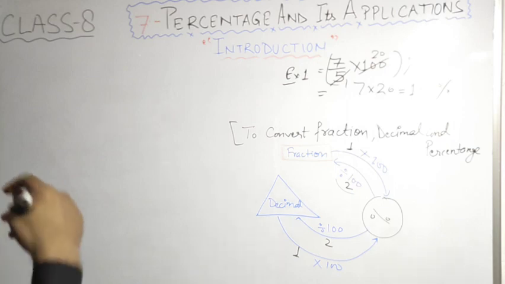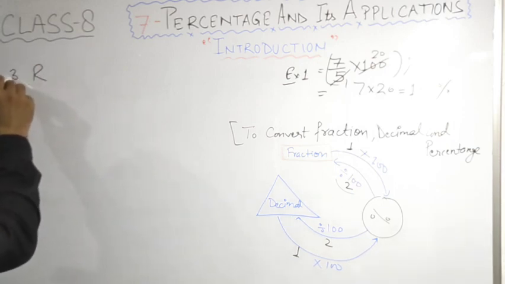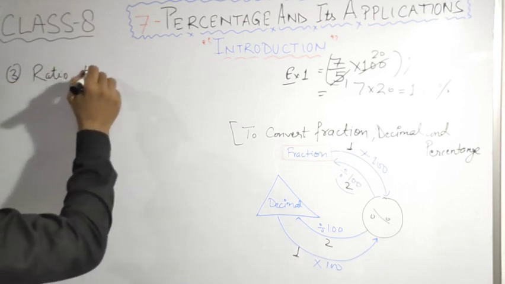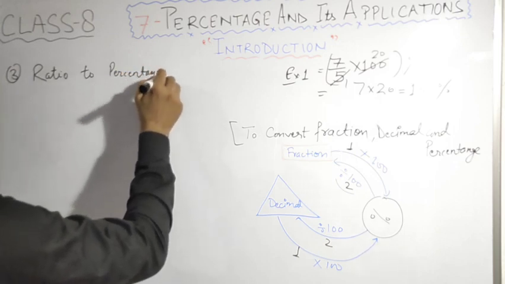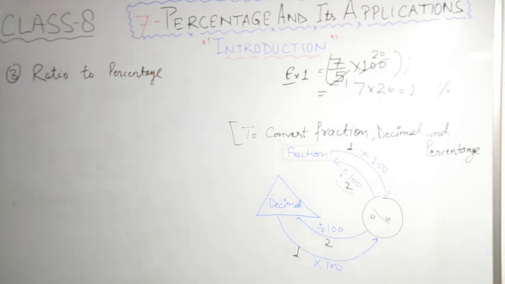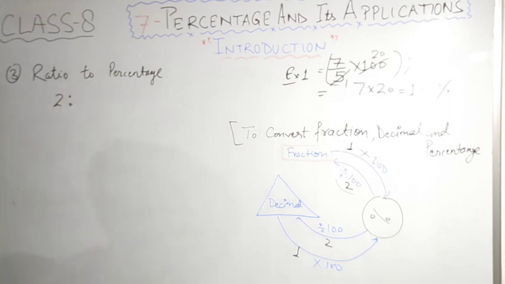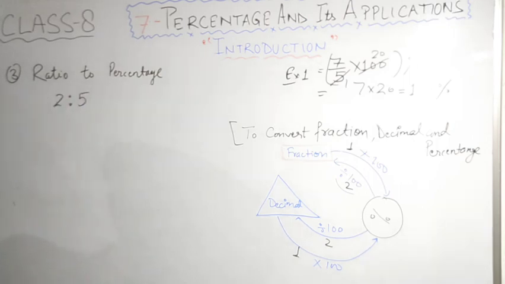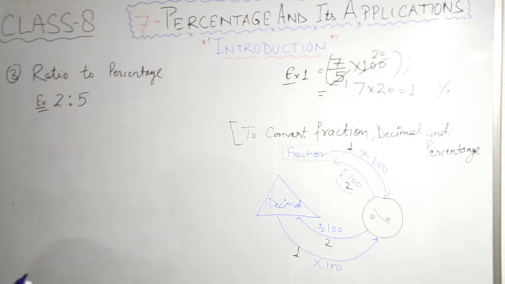If a number is given, next is the third rule, ratio to percentage. Understood? You know a ratio is given, say 2 is to 5, and the question is saying convert this ratio into percentage form.